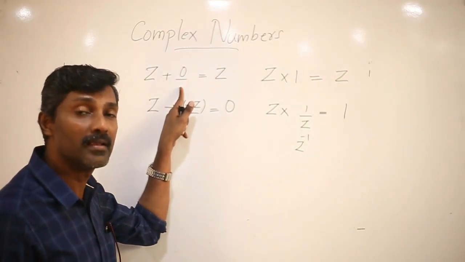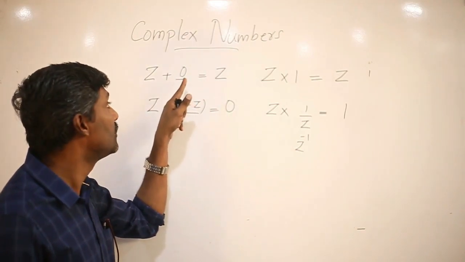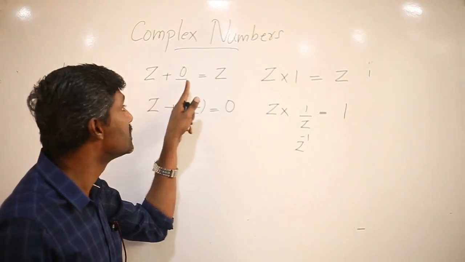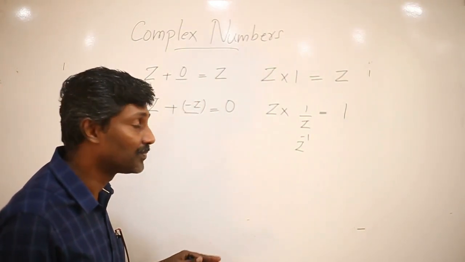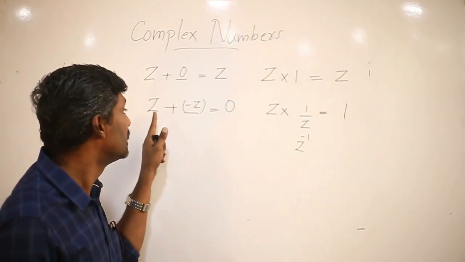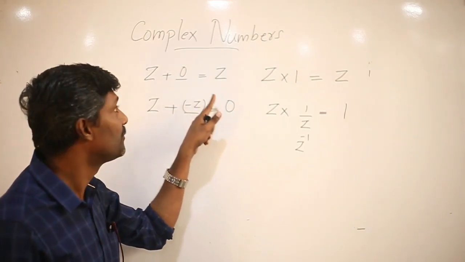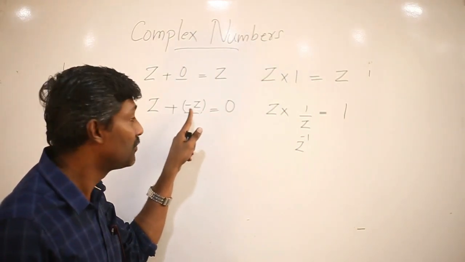What is the additive identity of a complex number z? It is 0, because when we add 0 to the complex number z, we get z itself. So 0 is the additive identity. And what is the additive inverse of z? It is minus z, because z when added to minus z gives you 0, which is the additive identity. So minus z is the additive inverse of z.